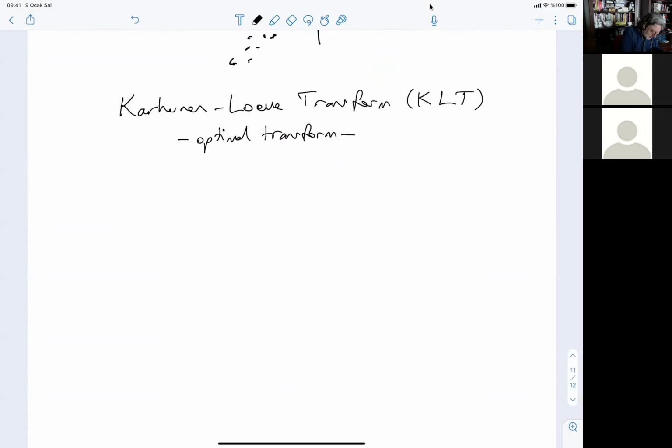We will say that a signal X, let's assume, can be represented by a linear combination of some basis vectors U1 up to UN, like this: Y1 U1 plus Y2 U2 plus dot dot plus YM UM.